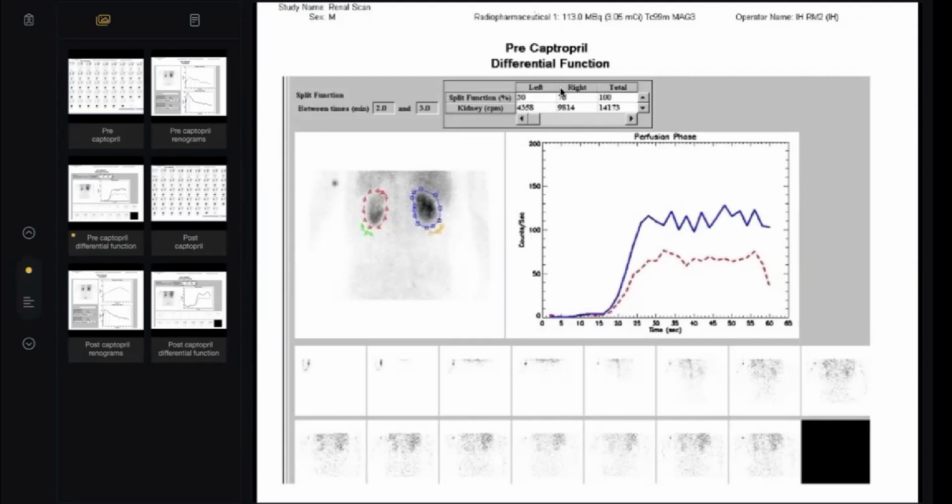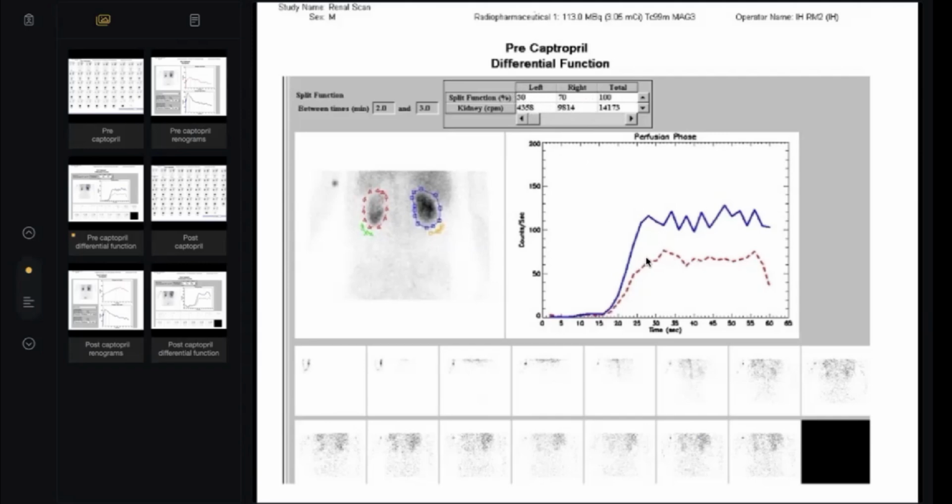But let's learn some parameters. Look here and here. The split, the differential function, is the same as the split renal function. This is the function of each kidney. Okay. In the left it is 30%. In the right, the normal one, it is 70%. Normally, the difference should not be more than 10% between both of them. What happened, my colleague?